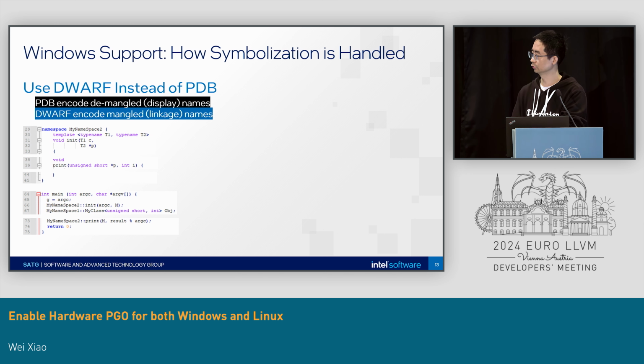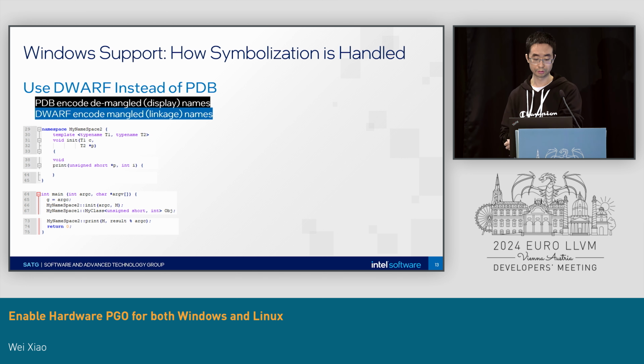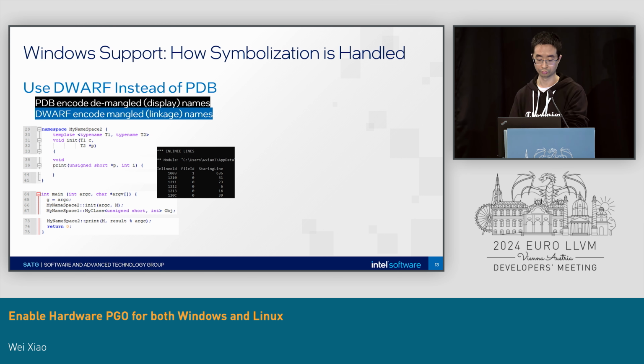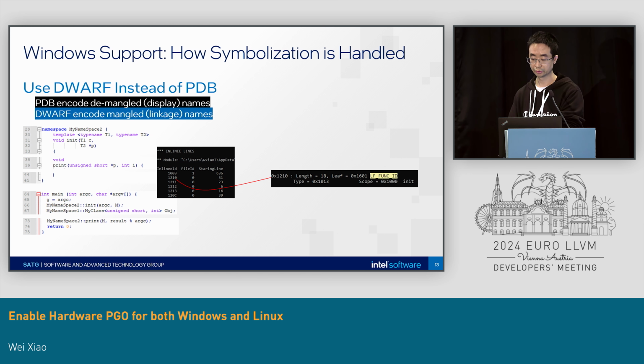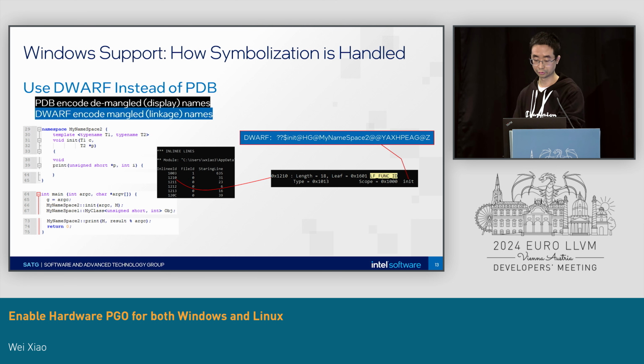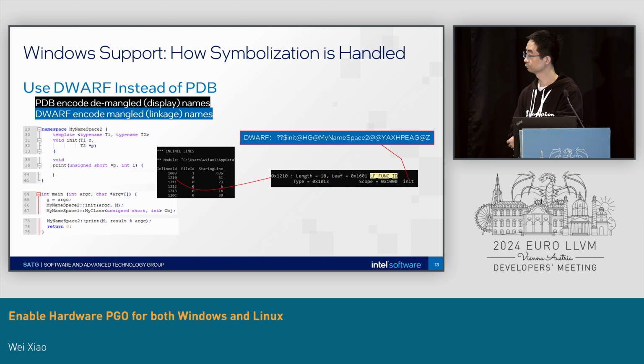Here are two examples. The first one is about the inline table. On both Windows and Linux, we use it to describe the inlining. We find that PDB will encode the display name into the inline table, but DWARF will encode the full mangled name.